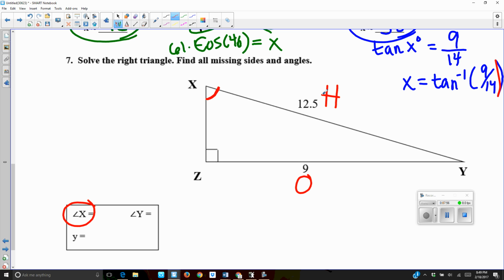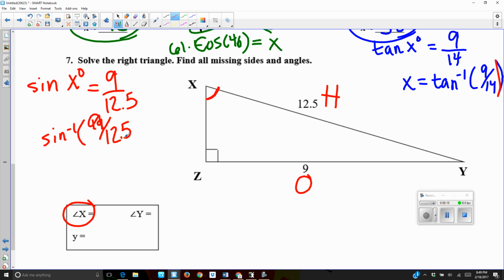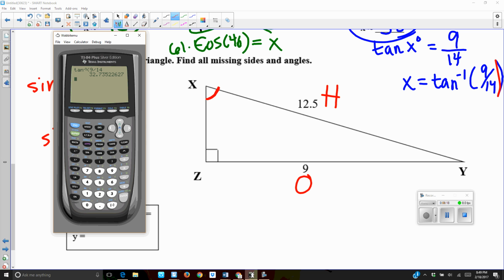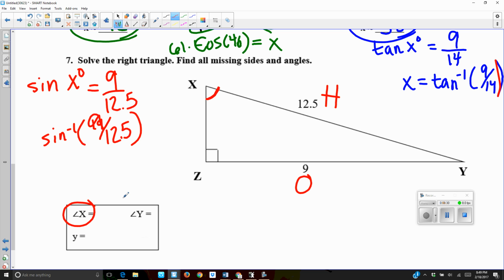So that means to find angle x, we need to use the sine trig function. And again, since we're finding the angle, you have to hit second sine. That's a 9, not a 19. Type it in the calculator. So we get about 46 degrees for angle x.